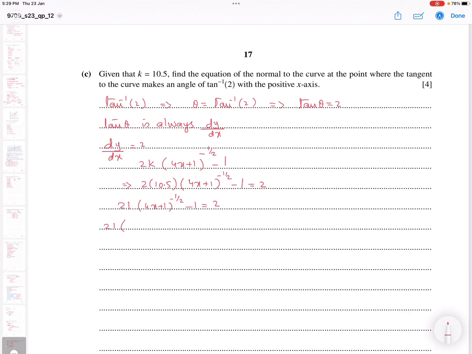So 21 (4x plus 1) whole power minus 1 by 2 is equal to, this minus 1 will go there, 2 plus 1 is 3. So (4x plus 1) whole power minus 1 by 2 is equal to 3 by 21, which is 1 by 7.